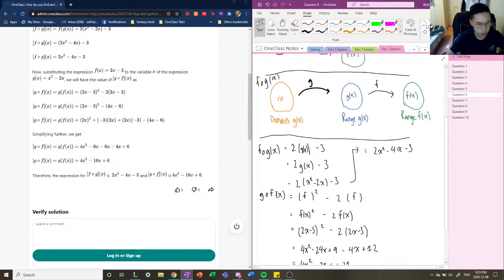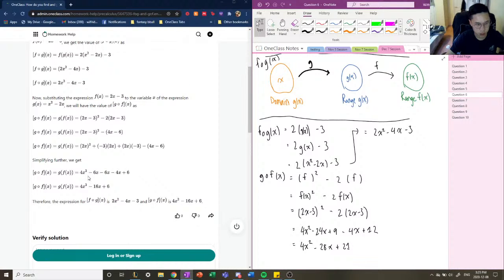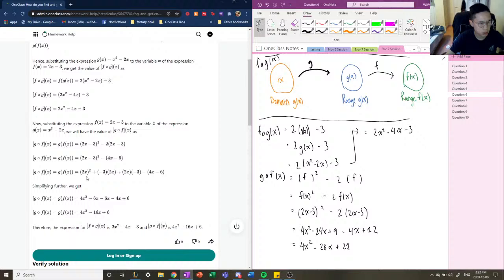Did I expand wrong? g of f of x. Hold up here a second. So g of f of x, 2x.